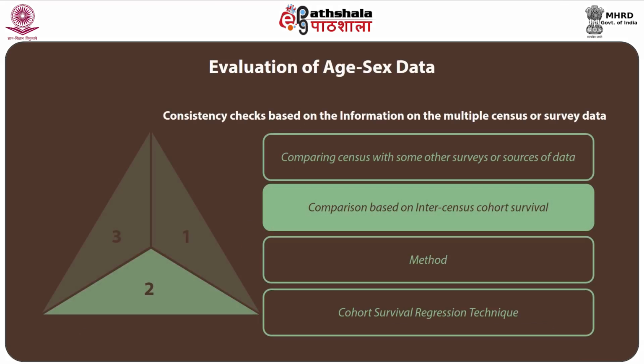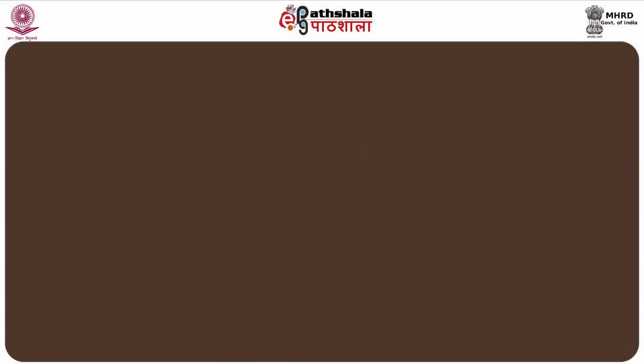A comparison based on inter-census cohort analysis or cohort survival is the second possible way to compare data available at two time points. In a population that is apparently closed to migration, the population between two successive censuses can be linked with the variations caused by births and deaths.